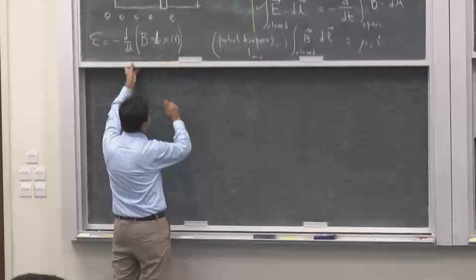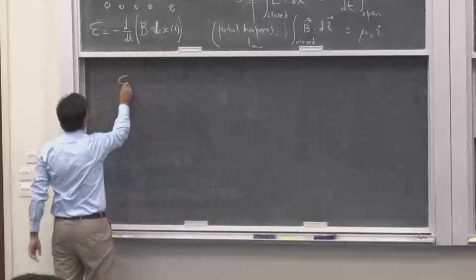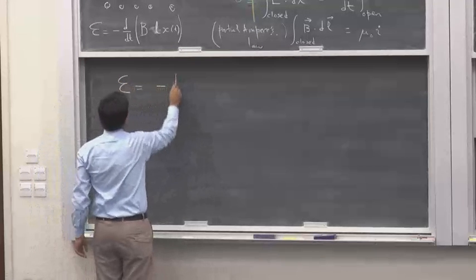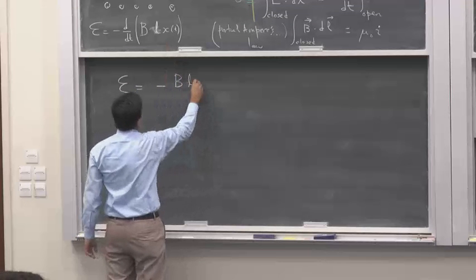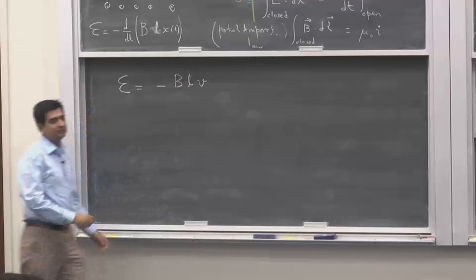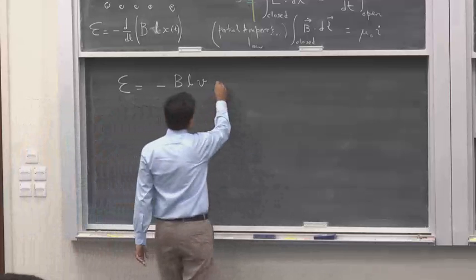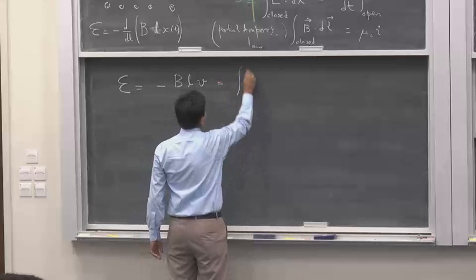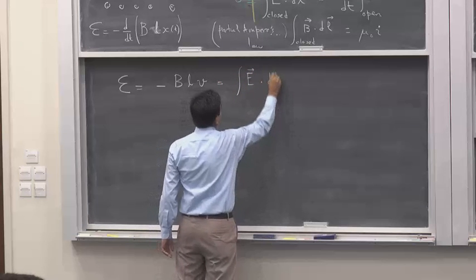Hence the EMF is given by minus BL, the derivative of X, which is V. And this gives us E dotted with dL around the closed path.